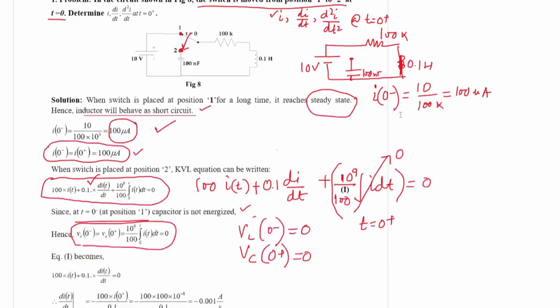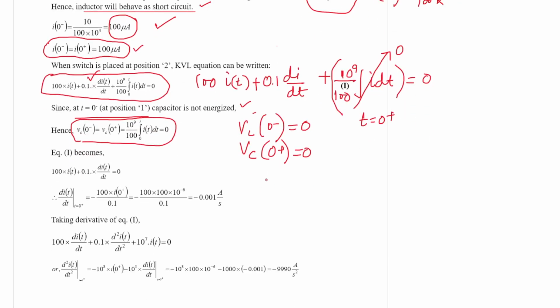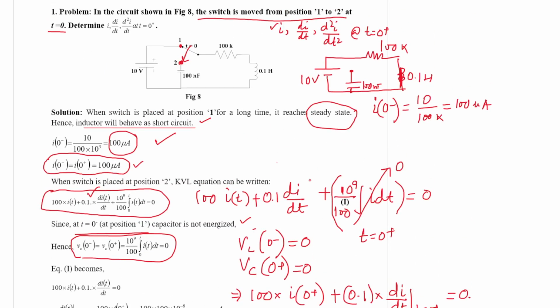So we can write this equation: 100 into i(0 plus) plus 0.1 into di/dt at t equal to 0 plus is equal to 0. Now i(0 plus) is 100 microampere.